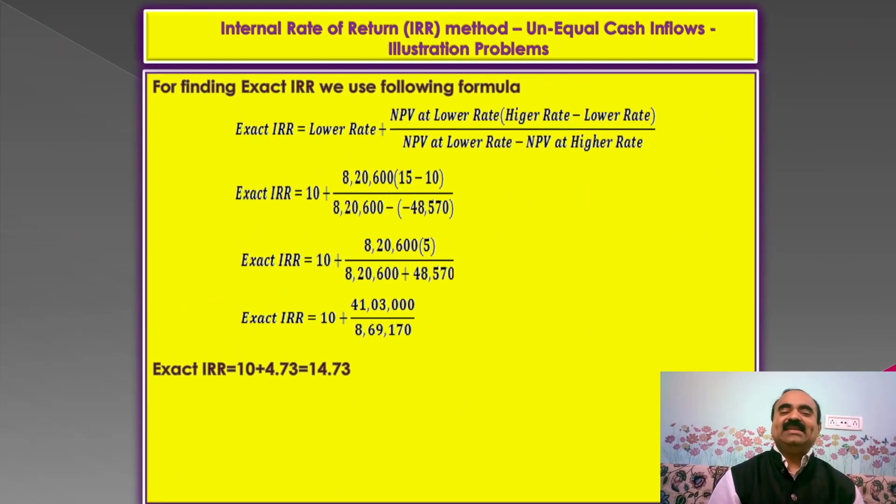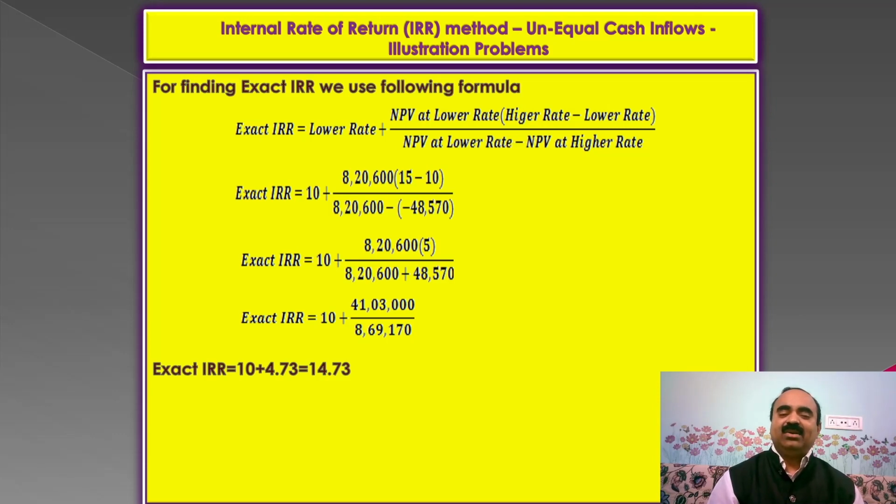For finding exact IRR, I had given a formula: exact IRR is equal to lower rate plus NPV at lower rate into higher rate minus lower rate, divided by NPV at lower rate minus NPV at higher rate.